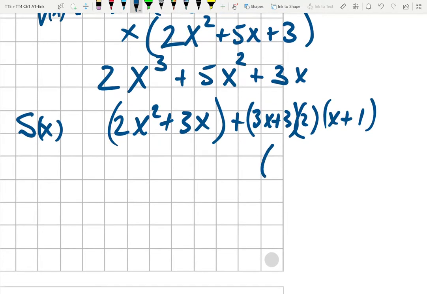Which is actually 6 times the square of x plus 1, which is 6x squared plus 12x plus 6.